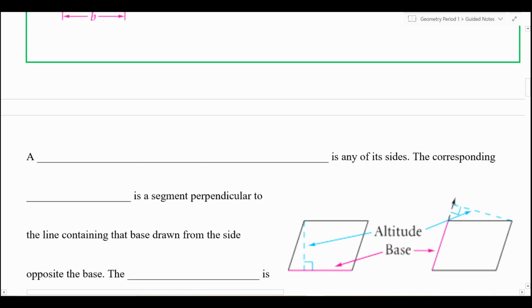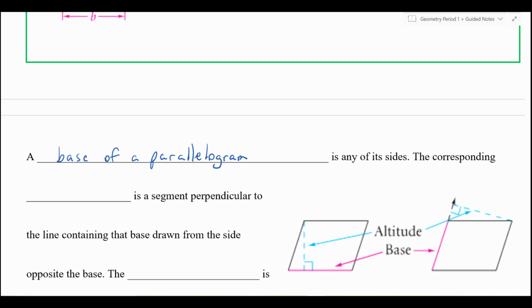So we have the base of a parallelogram, or a base of a parallelogram is any of its sides. Okay, well, you can actually use any of its sides.